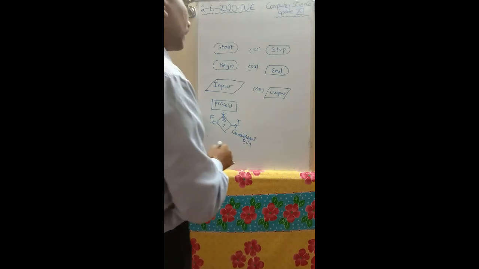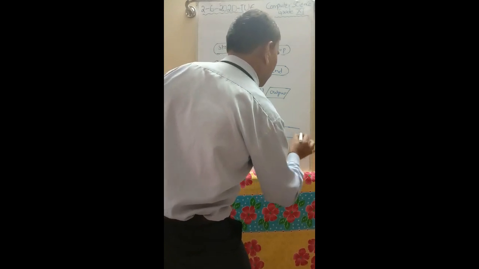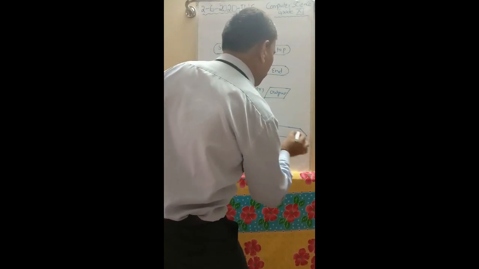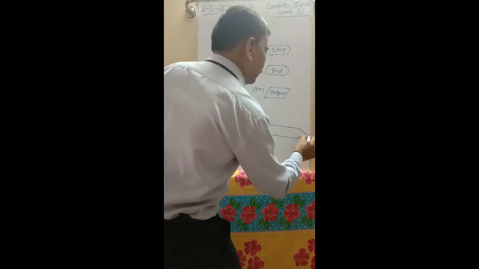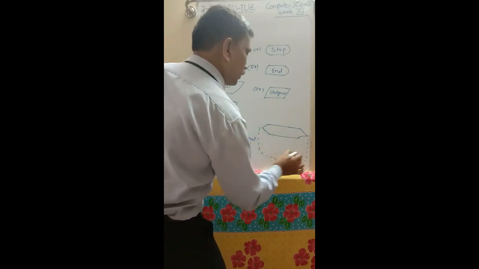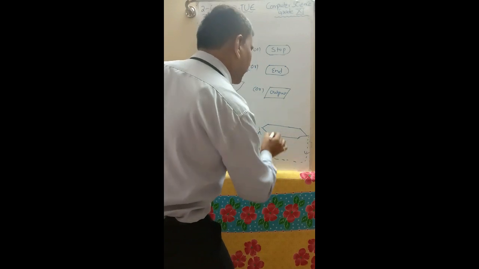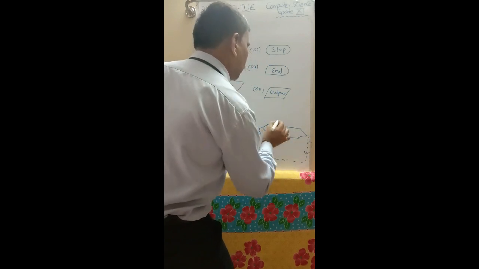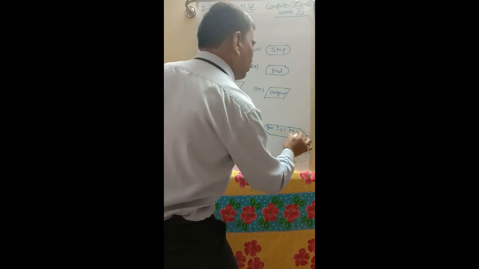Okay, in some cases repeated execution of statements can be placed; loops can be placed here. This one is loop statements. This loop can be placed here, repeatedly executed. Here you are writing the loop: for I is equal to 1 to 5.